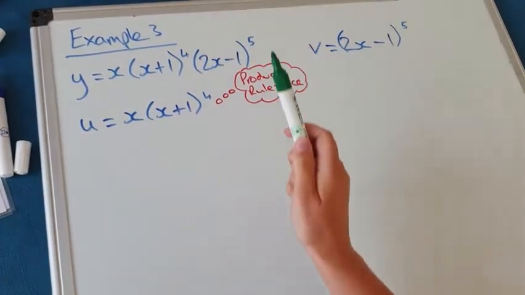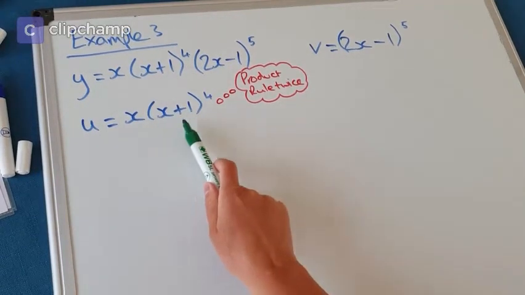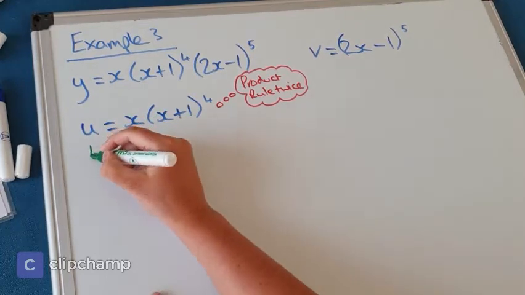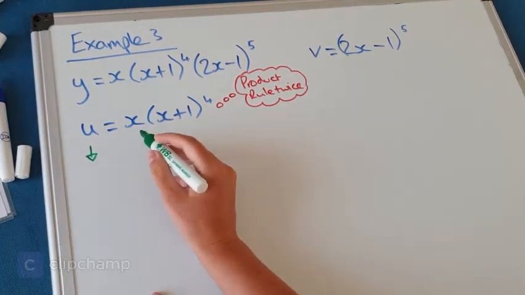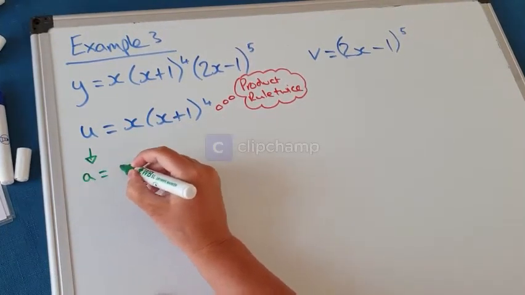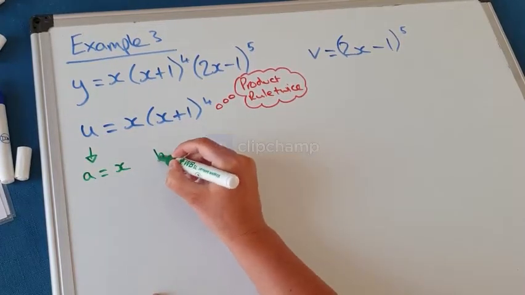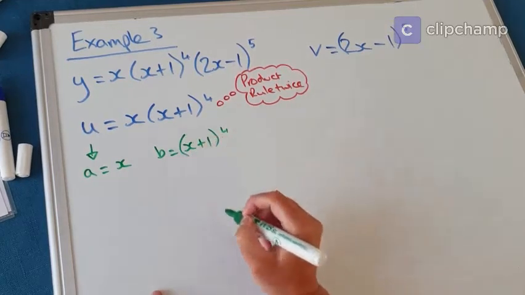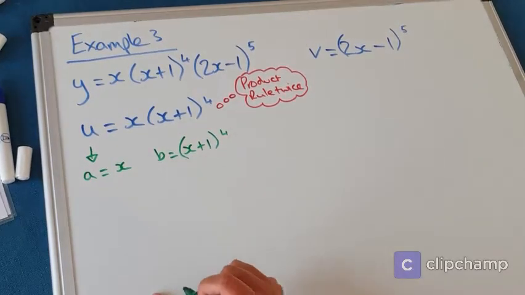So instead of calling this u and v, I'm just going to call them a and b instead. Let a be equal to x and let b be equal to (x + 1)^4.